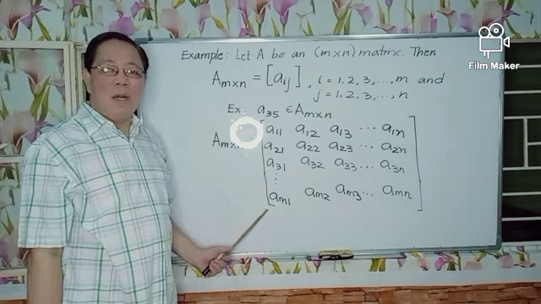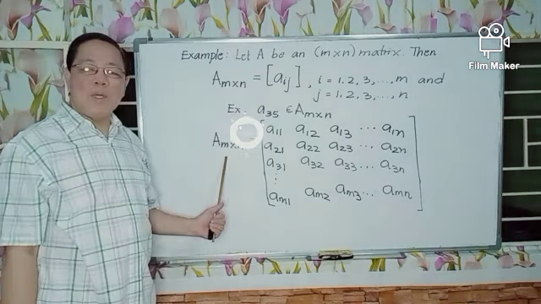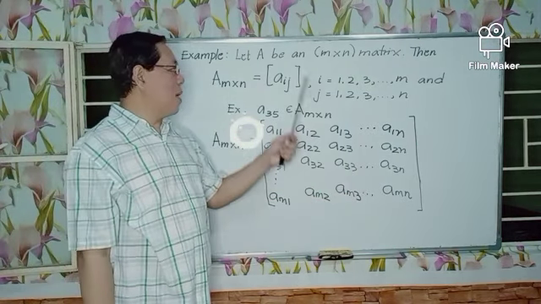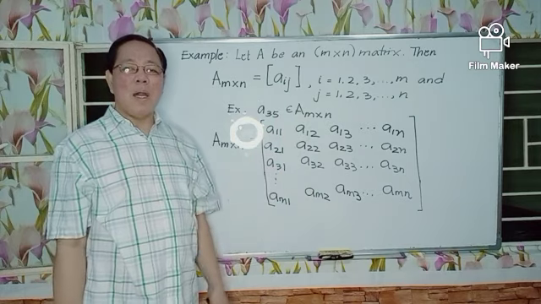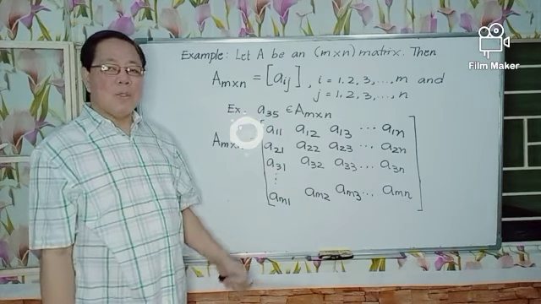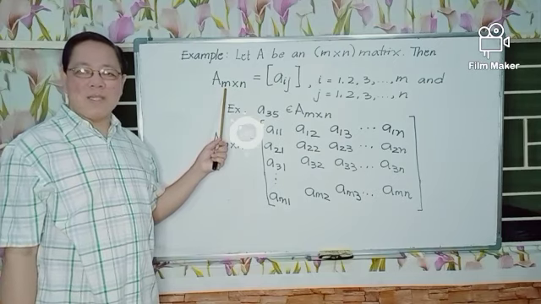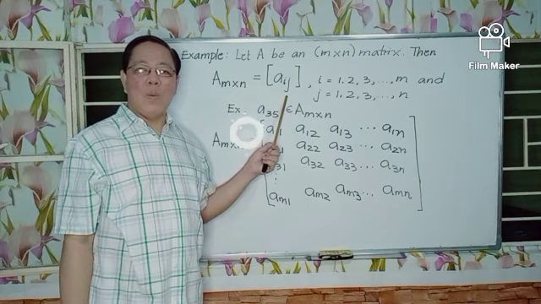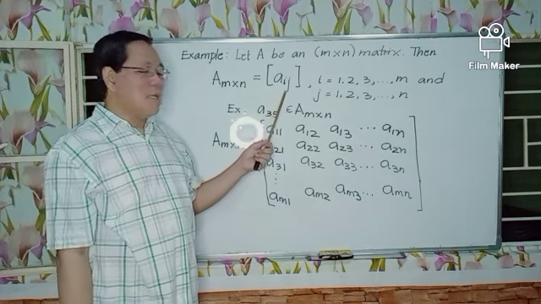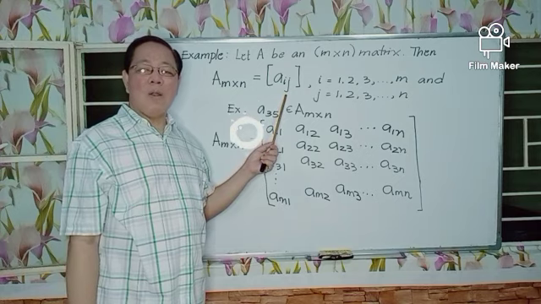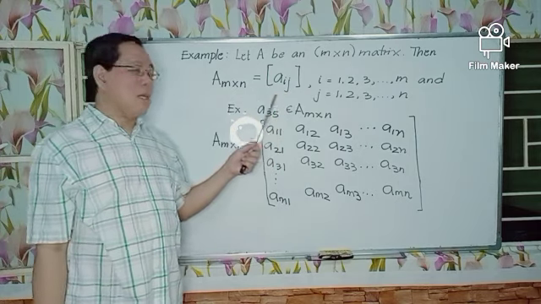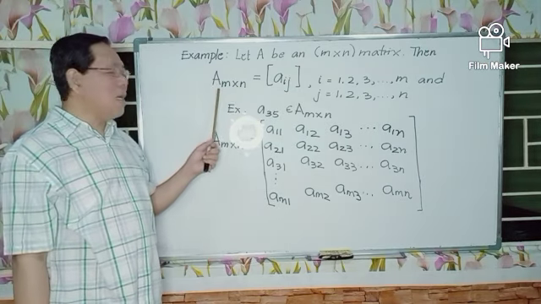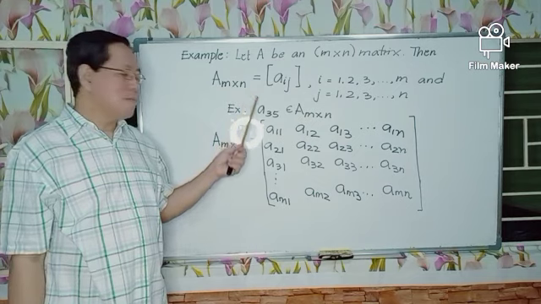And now this is the matrix A with size m by n with all its entries denoted by A sub ij, where i is the row number that goes from 1 to m because matrix A has m rows, and the second subscript j goes from 1 to n. j gives the column number of the entry of matrix A, and the value of j goes from 1 to n because matrix A has n columns.